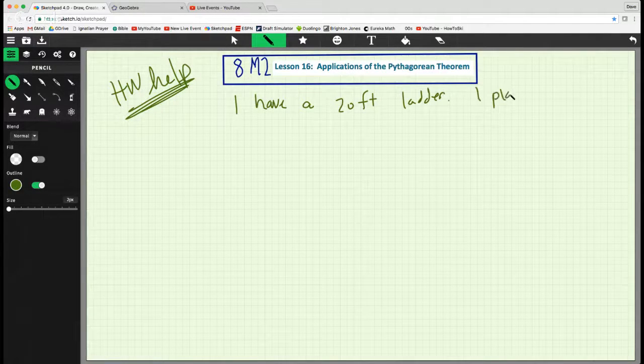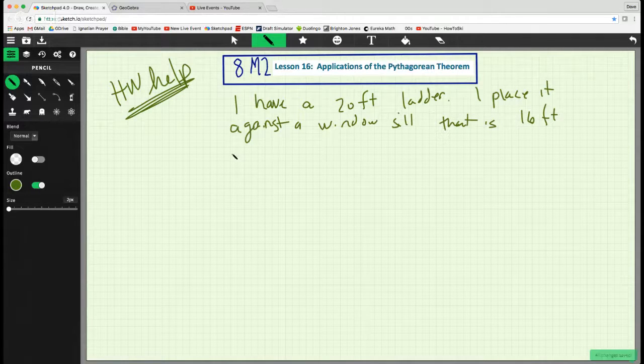I place it against a windowsill that is 16 feet from the ground.